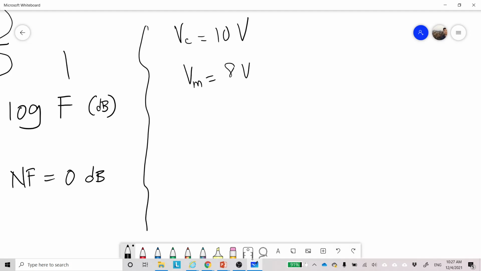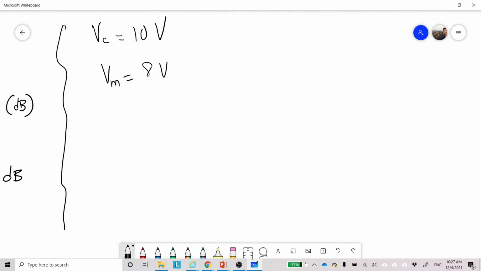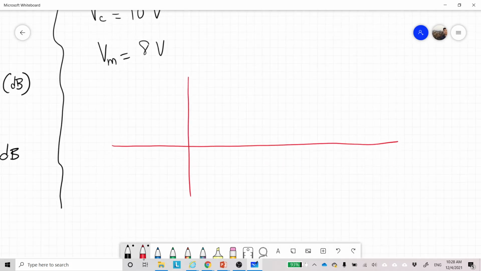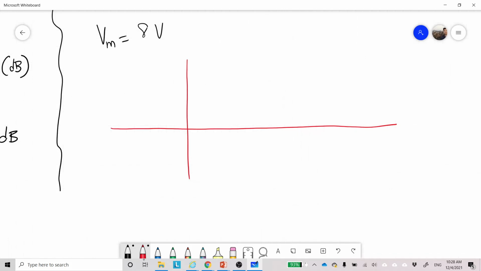Contoh, so how you want to draw the AM signal? I will teach you how to draw the AM signal. So when you draw the AM signal, first of all, you need to draw the axis like this. And then I would suggest you to draw the small axis over here.